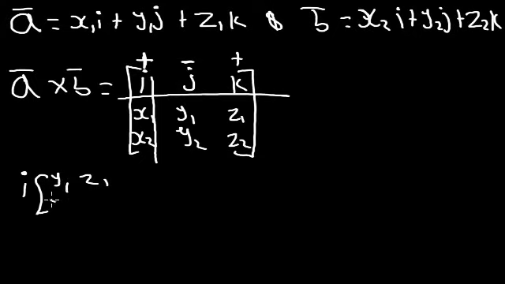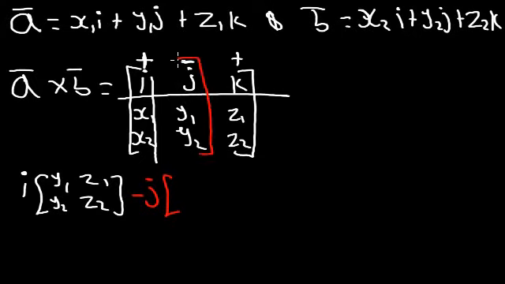That's y1, z1, y2, z2. Perfect. Now we have negative j. To simplify that of negative j, we have to exclude all the elements in the same column as that of j, while we include the ones left over. And that's going to be x sub 1, x sub 2, z sub 1, z sub 2.